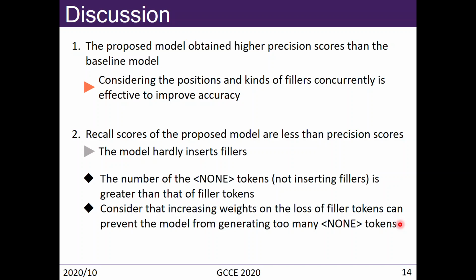One of the reasons is that the number of the non-tokens, which represent not inserting fillers, is greater than that of the filler tokens. So, we consider that increasing weights on the loss of filler tokens can prevent the model from generating too many non-tokens.